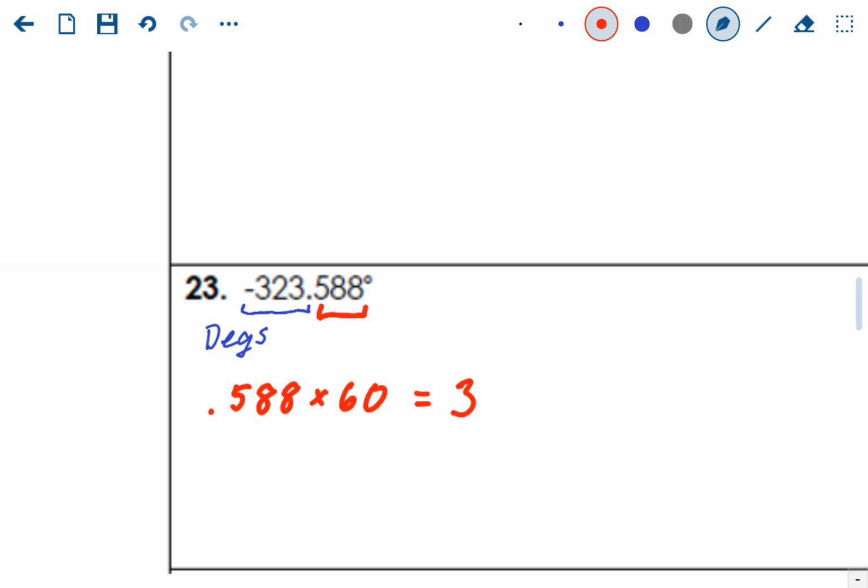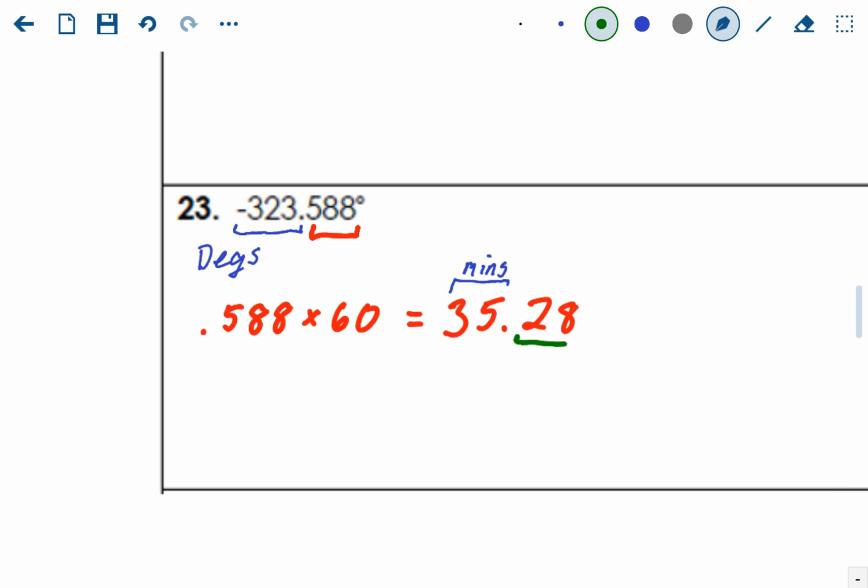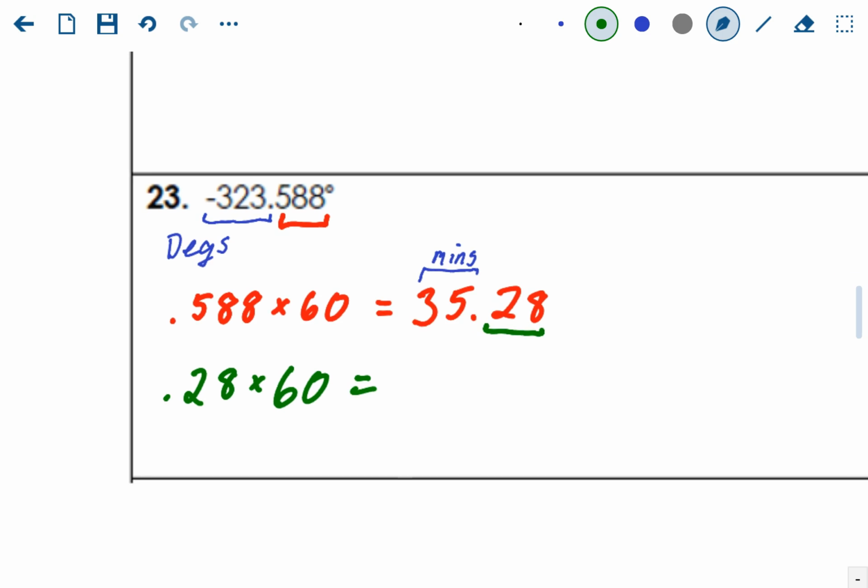And I got 35.28. That 35 is now our minutes. And then you do it one more time with the new decimal, the 0.28. Do 0.28 times 60. And you get 16.8.